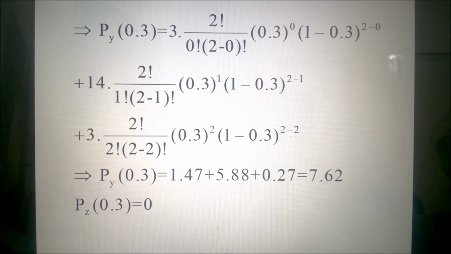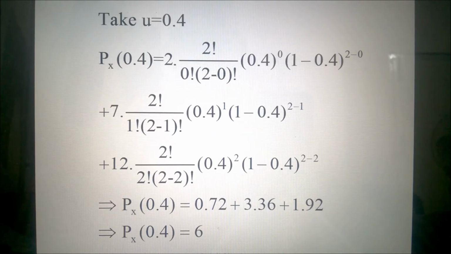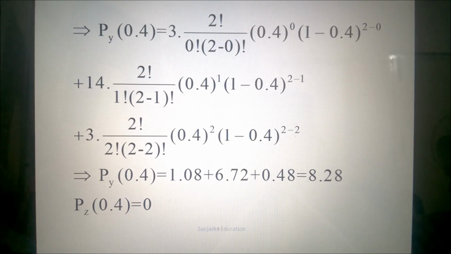In that way we found all these values corresponding to u values 0.1, 0.2, and I am showing all the calculations here. Now it is 0.4. I incremented u by 0.1, and the corresponding value of x is 6, y is 8.28, and z is 0.